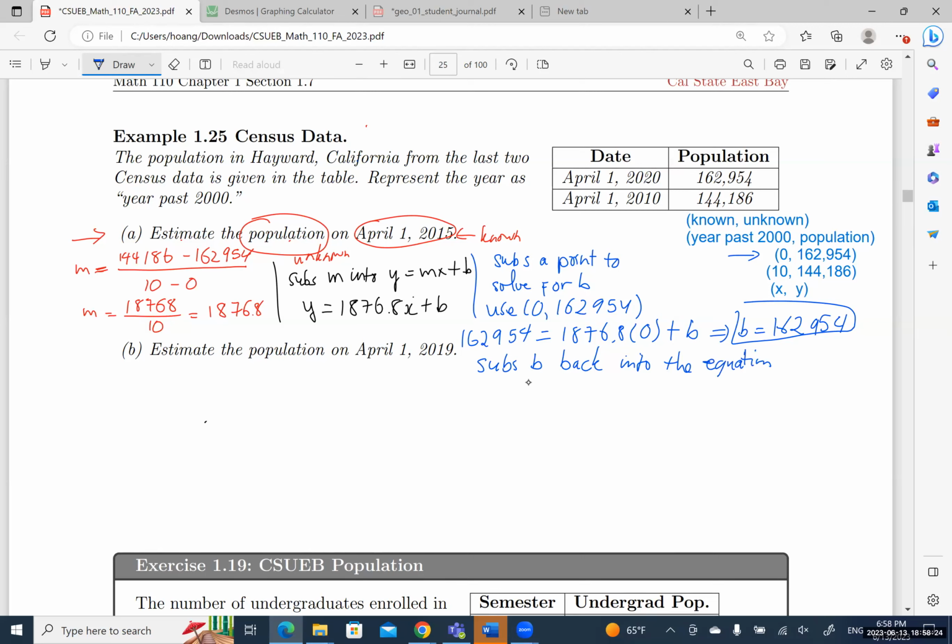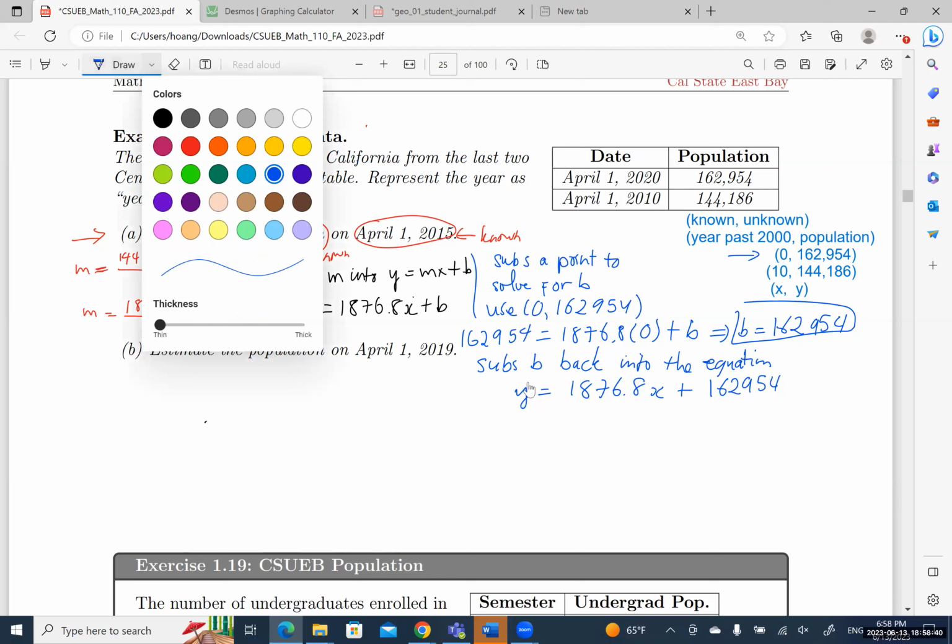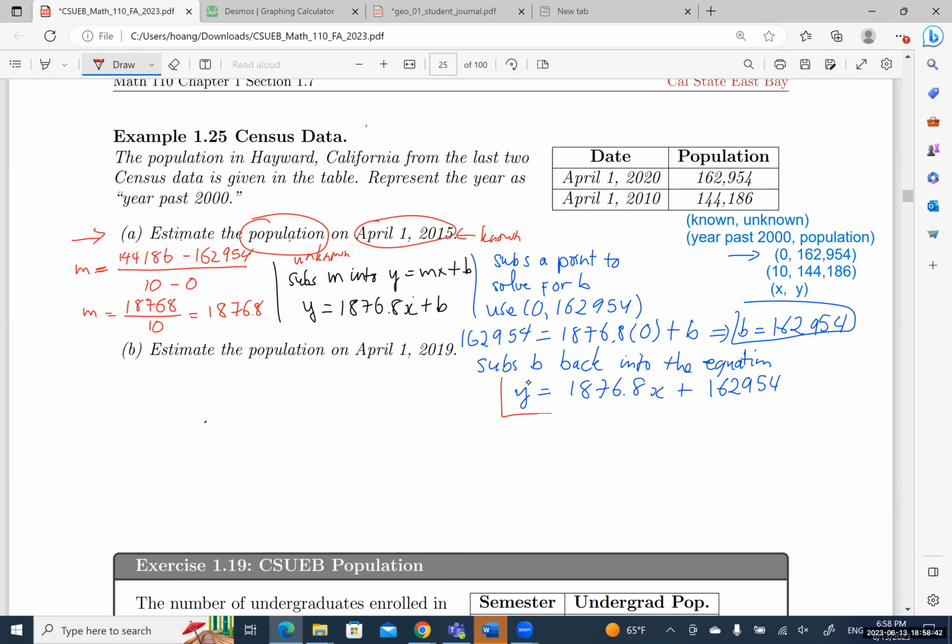We have y equals 1,876.8x plus 162,954 for b. So we have the equation for these population functions.